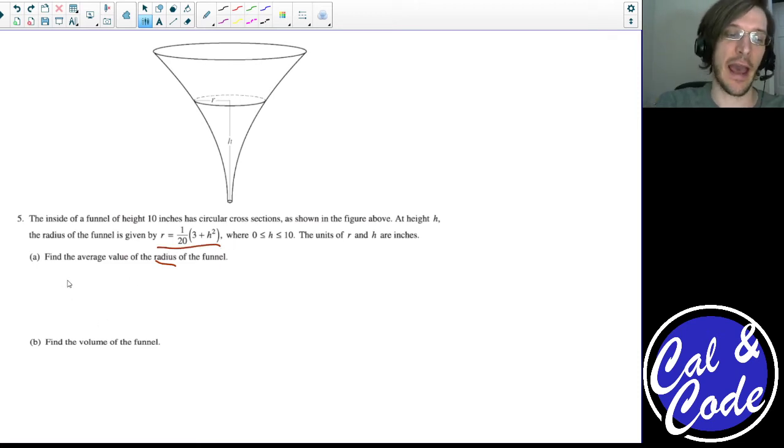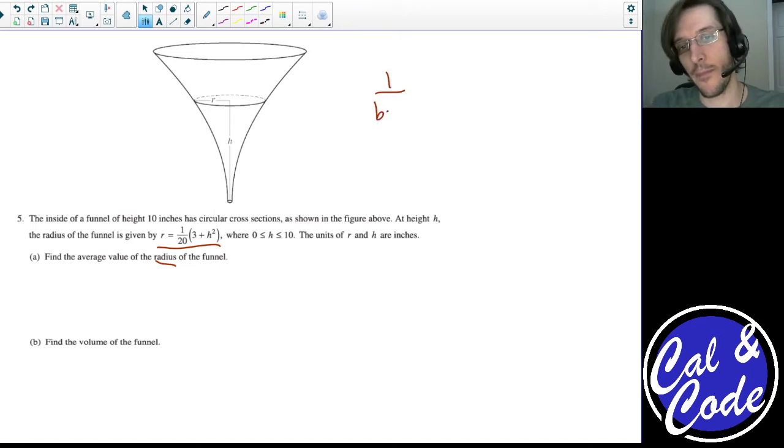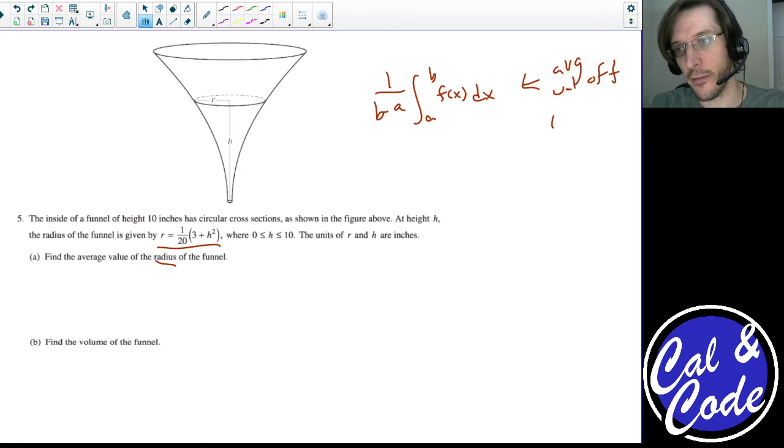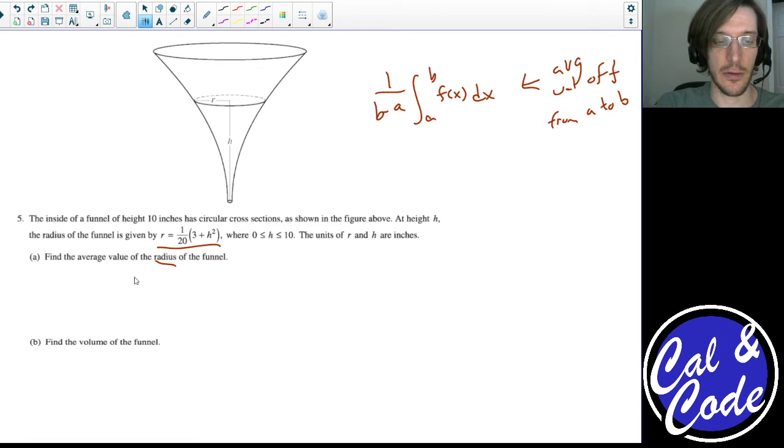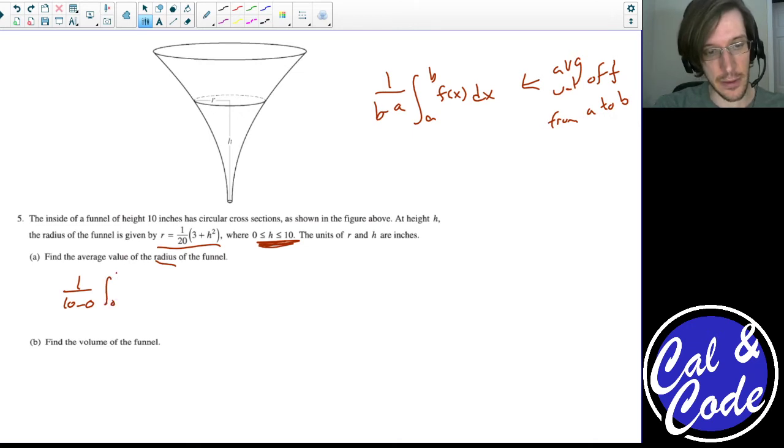So to find the average value of it, remember it's 1 over b minus a, the integral from a to b of f of x dx. That tells me the average value of f from a to b. Okay, so to do this, what I need to do is say 1 over 10 minus 0, the interval that I'm given, the whole funnel, integrate from 0 to 10 of r of h dh.